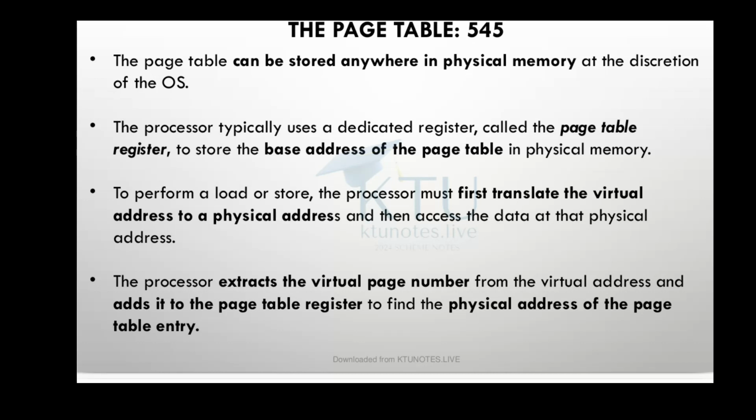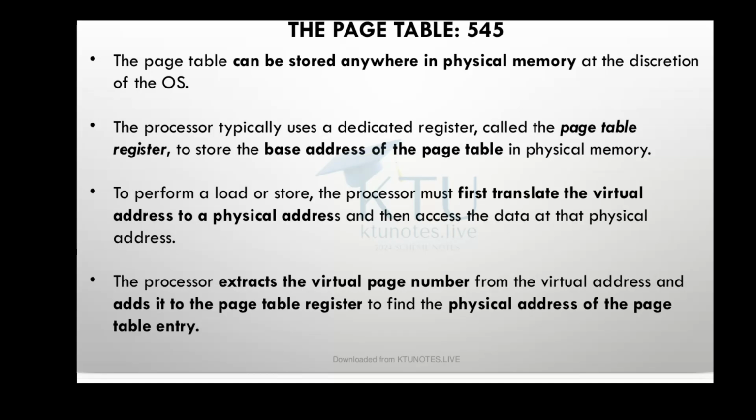To perform a load or store, the processor must first translate this virtual address to a physical address, then access the data. The processor has to extract the virtual page number from the virtual address and add it to the page table register to find the physical address of the page table entry.